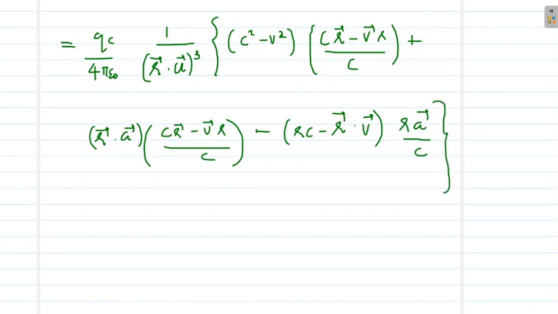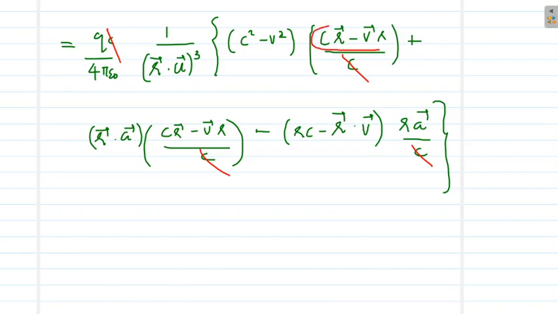You can see this numerator contains a c term and all the denominators inside the bracket contain a term c, so they will all cancel out. You can take this c as common and cancel it with the c in the numerator. Then we have the rest of the terms here.